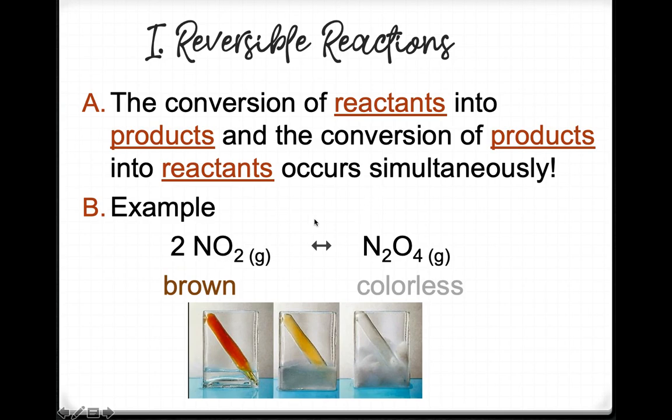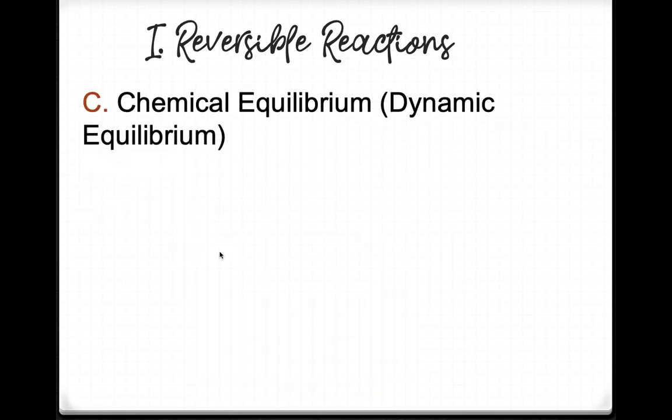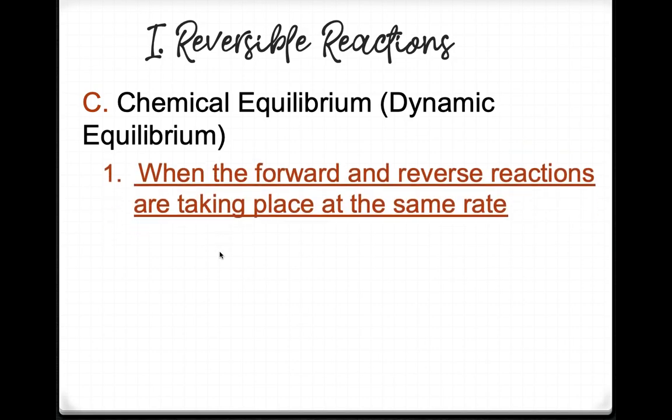Your reactants turn into products, but also your products can go back and make the chemicals that we had at the beginning. All right? So there's also something referred to as chemical equilibrium. This is when, if you have one of those reversible reactions, you have the same amount of reactants turning into products as the amount of products turning into reactants.